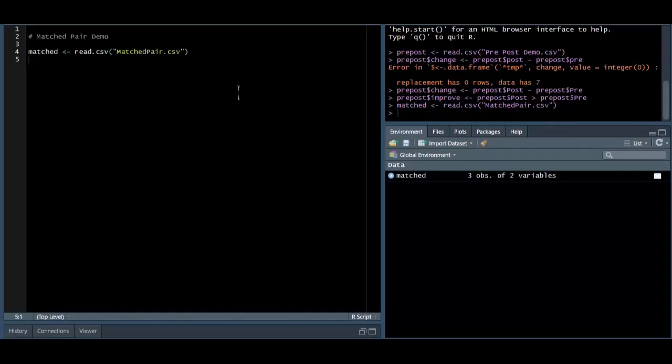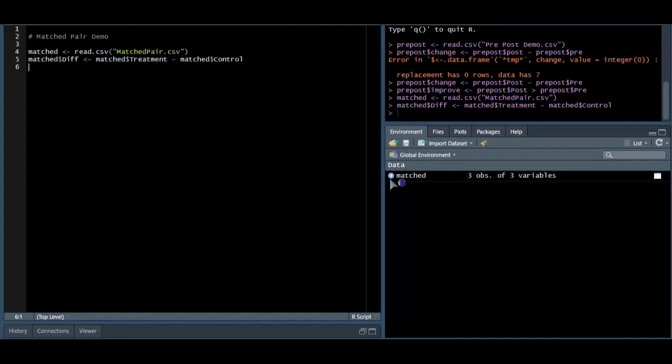So let me go ahead and call that matched diff, which is going to be matched treatment minus matched control. And I'm doing it in this order so that positive numbers will mean that the treatment's working.